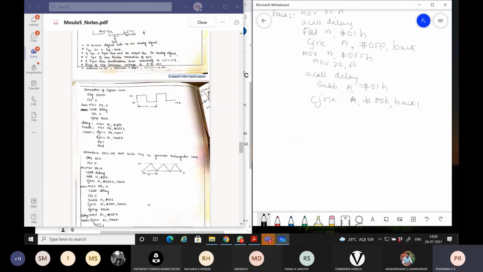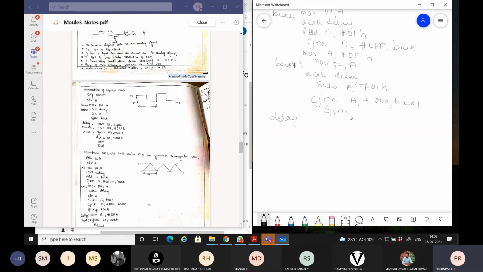So that back 1, where it should go? It should go to move P2 comma A. To that address it goes. In that address, what is the instruction we have? It is move P2, send that value to port 2. And here we have one more thing which is left.